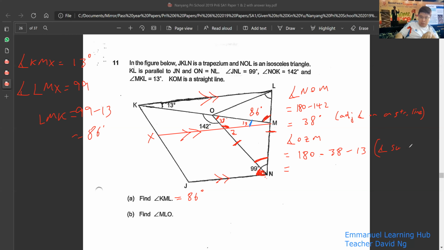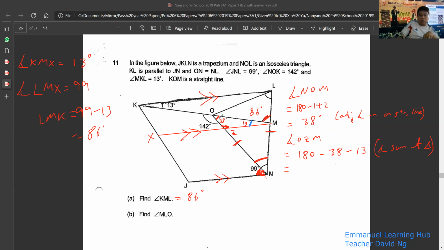Because it is angle sum of triangle. What do I mean by angle sum of triangle? In all kinds of triangles, the sum of all the internal angles is always 180. That's a geometrical fact. Your OZM, do you agree it is a triangle? Yes.